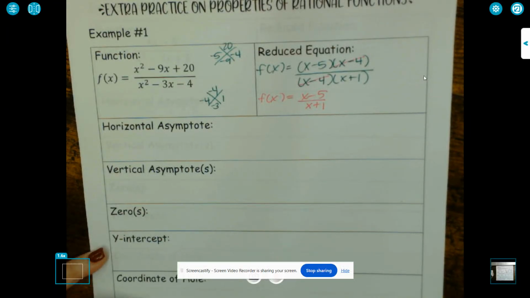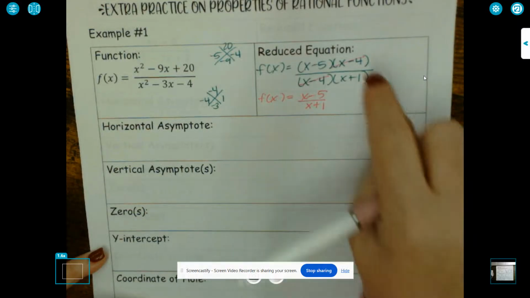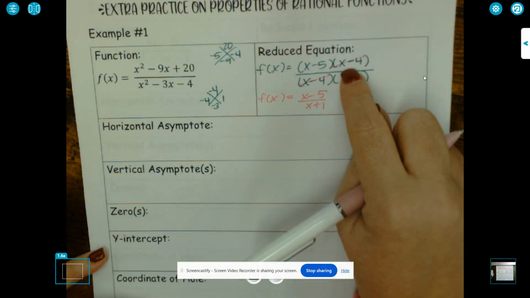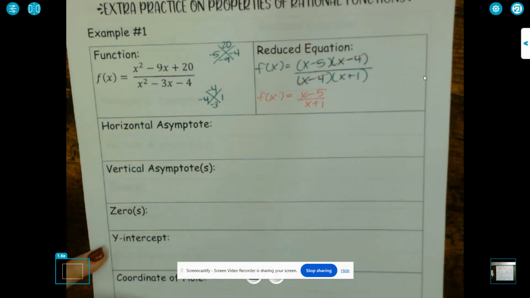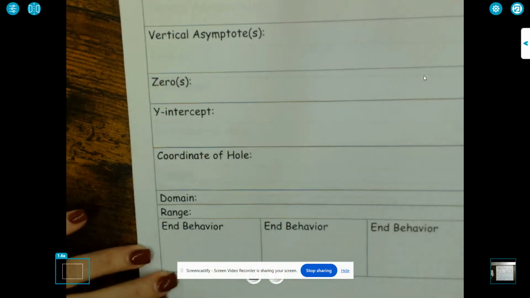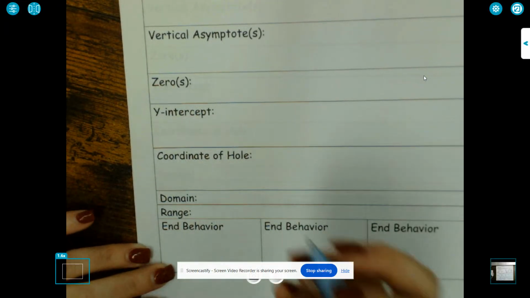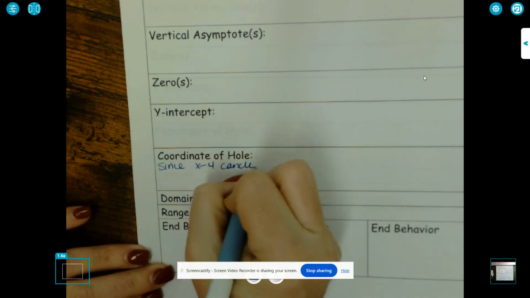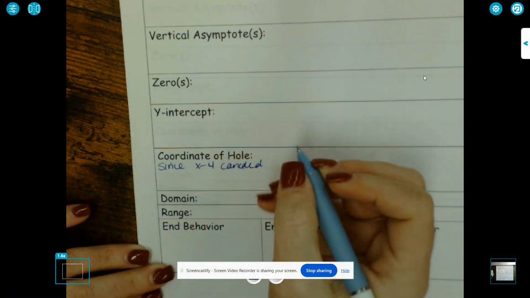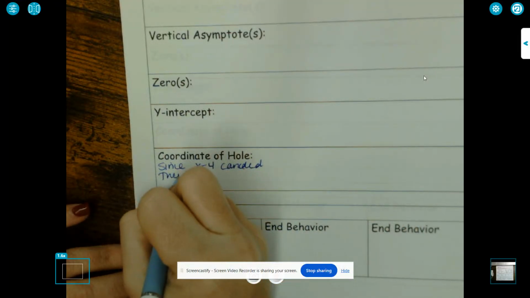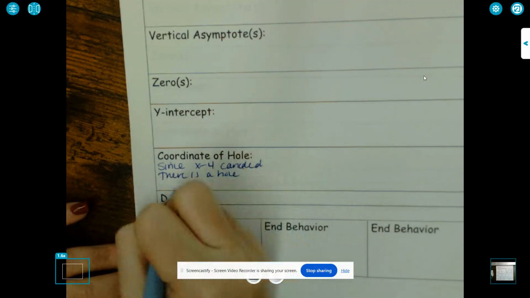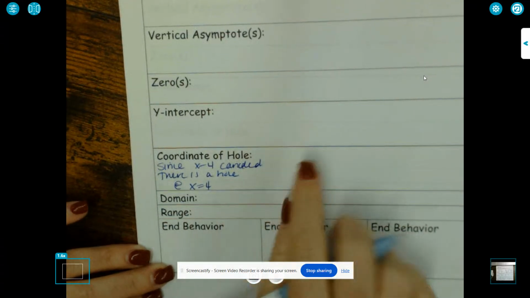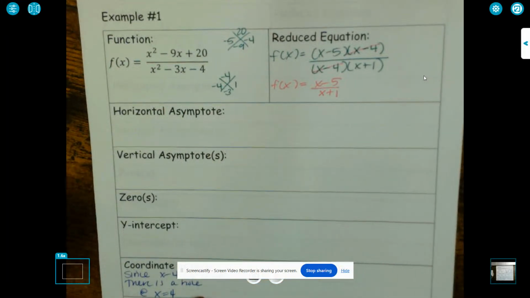Remember that anything that cancels does result in a hole. So since x minus 4 canceled, there is a hole at x equals 4. I'll come back and finish this later, but I want to make sure I remember that it canceled up here, therefore it results in a hole down here.